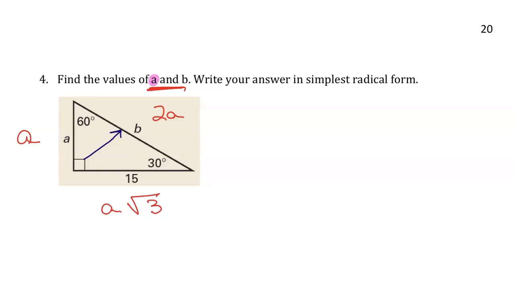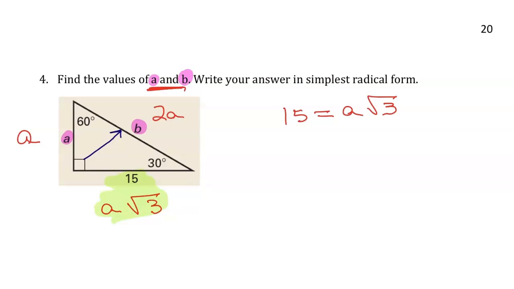So they want this, that's their A. Excuse me. They want a B, that's their B. Okay, what do I know? I have a pairing right here. So what I know is that 15 equals A root 3.